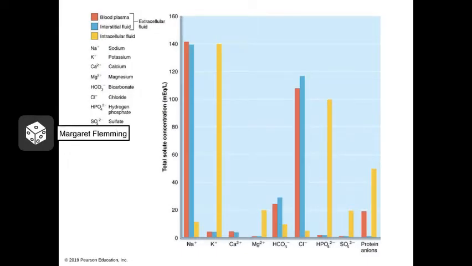So let's talk about some solutes here. Taking a look at this chart, we see things we already know. Take a look at sodium and potassium. These measurements are in milliequivalents per liter. So obviously much more sodium outside cells than inside. And we already know much more potassium inside cells than outside. We do have calcium in the extracellular fluid and none to speak of inside cells.